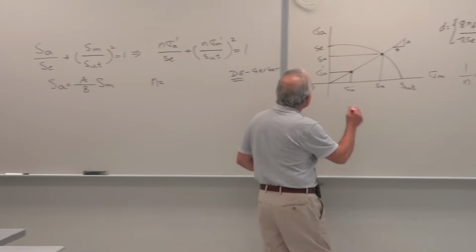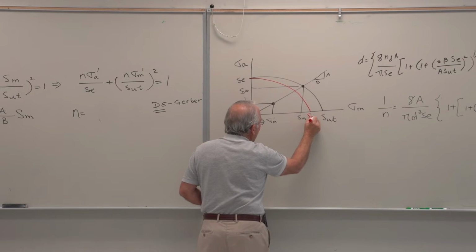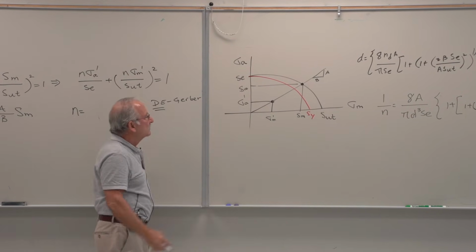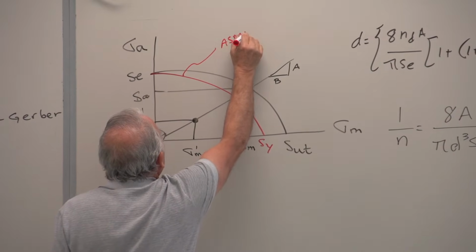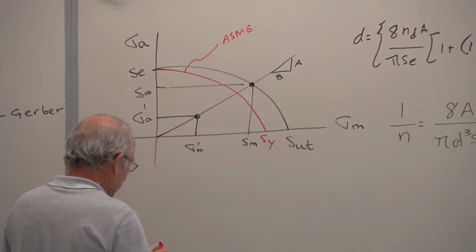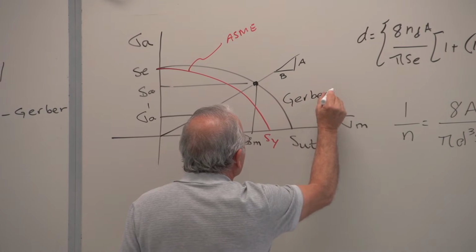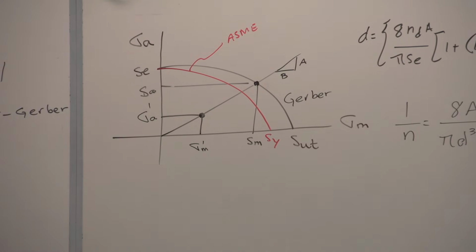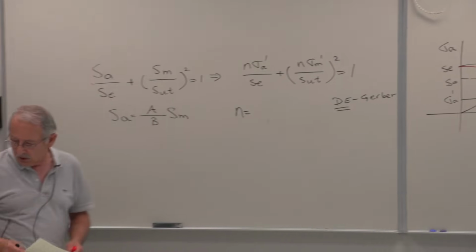The only difference is that that goes from SE to SY. This is ASME, and that's Gerber. And the ASME is ellipse, so you see it as DE elliptic. And the equations for DE elliptic are also in the book.